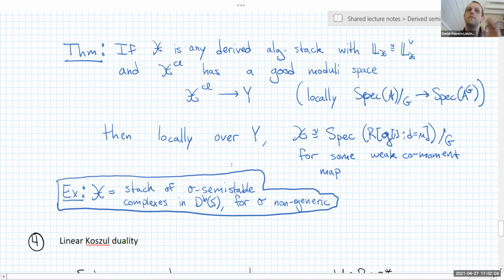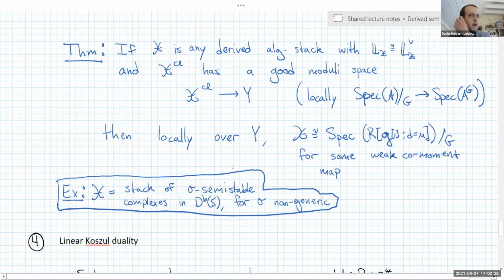The structure sheaf has higher homology. So the derived nature of these moduli stacks, at least from this approach, you can't really avoid.